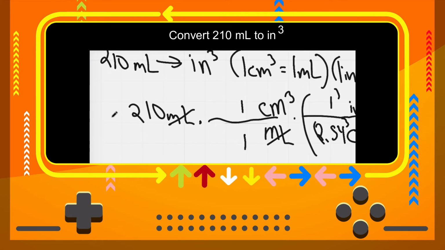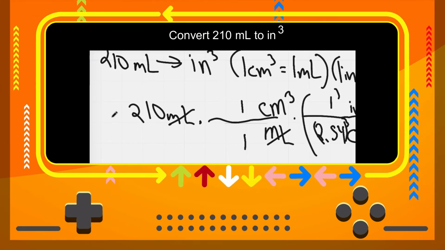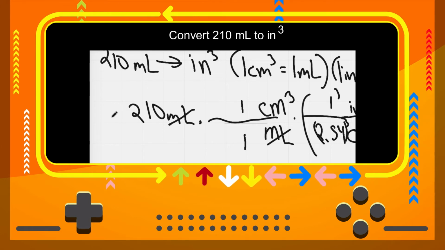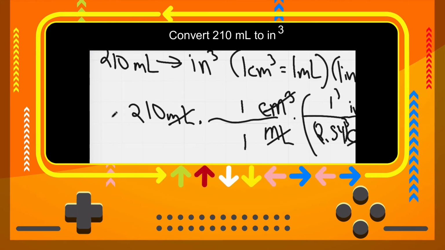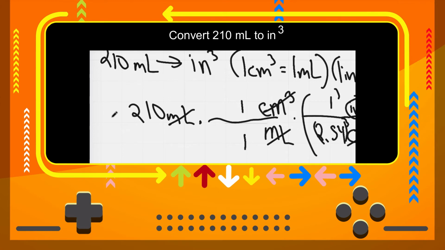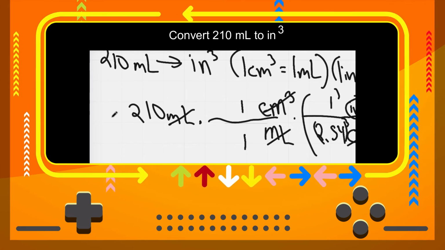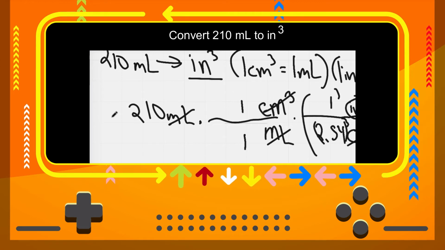Well, we need to multiply across and divide. When I say multiply across and divide at the very end, I'm talking about 210 times 1 cubed. That's what I'm talking about. So when I say multiply across, that's going to be 210 on the top, right? Because 1 cubed is 1 and 1 is 1.